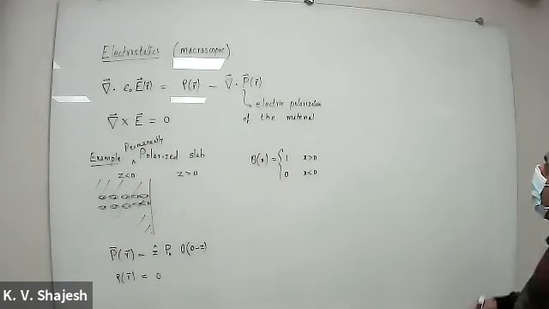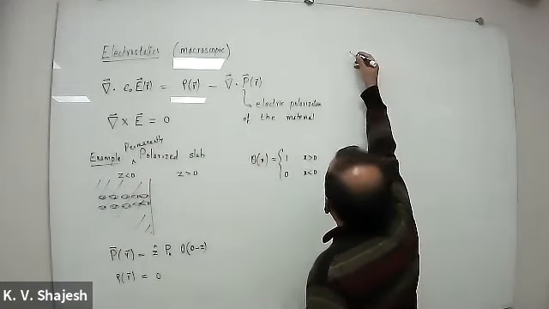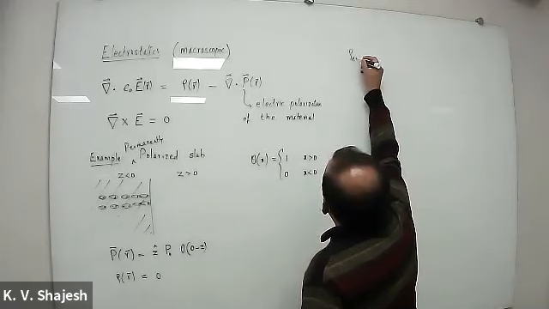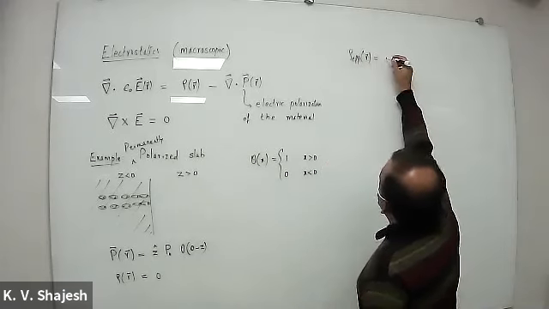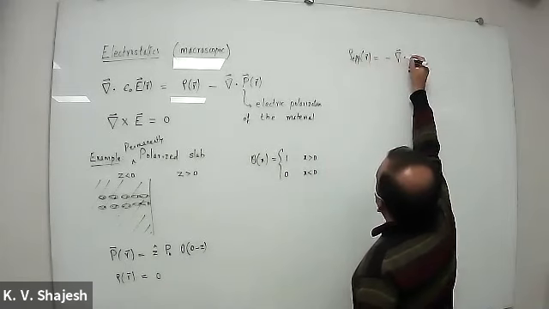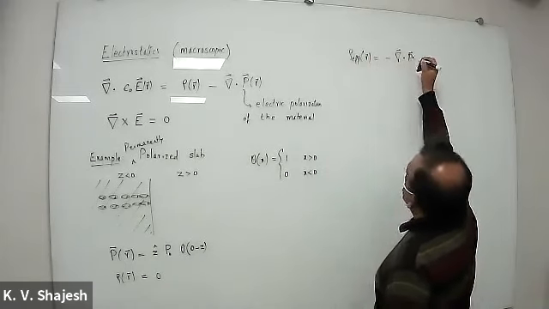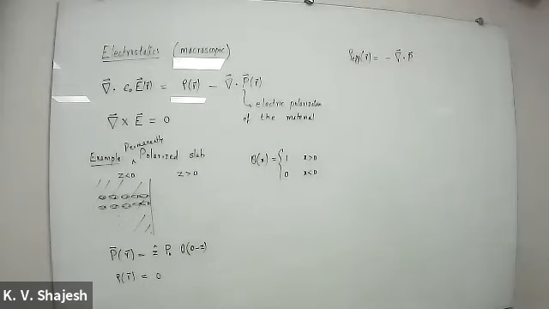So let's immediately find the effective charge density, which is minus the divergence of the polarization. And once we have that, from that point on, we just pretend as if it's a charge distribution.